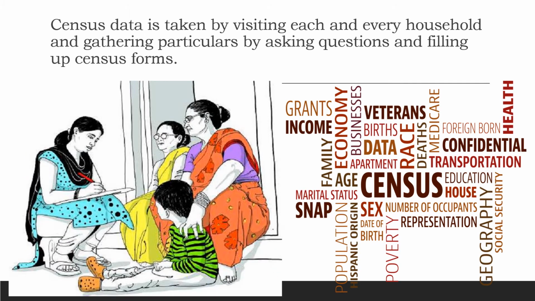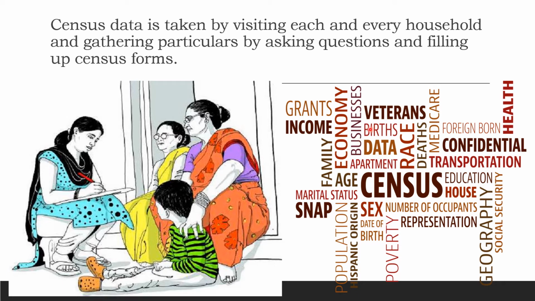As we said earlier, the census data is taken by visiting each and every household and gathering particulars by asking questions and filling up census forms. So here we have a mind map which reflects the various terms that are related to the word census. So what are we doing in a census? We're collecting data.